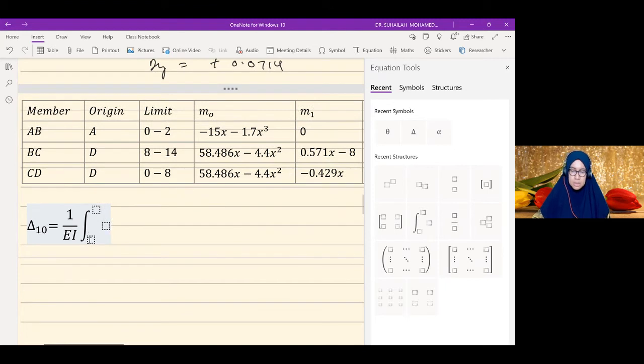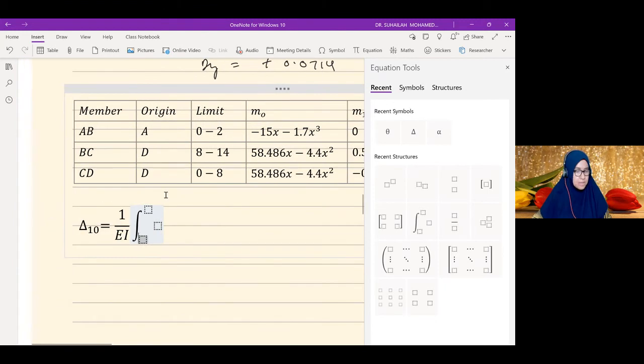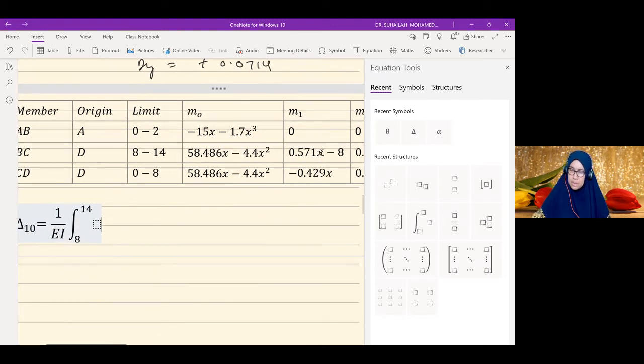So move to BC. BC is from 8 to 14. And the equation, I copy this. This is M1.